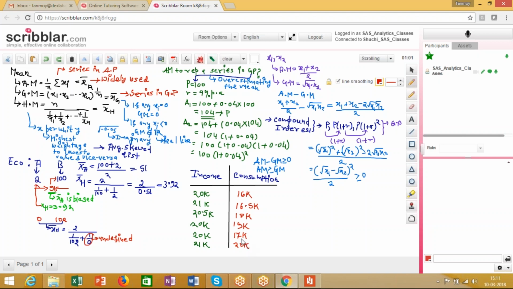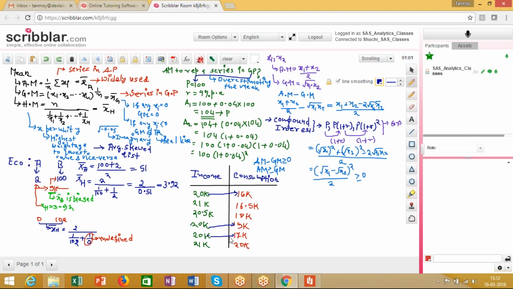Now observe that there are three readings where the people have exactly the same income: 20K, again 20K, again 20K. But for each of these incomes, the consumption patterns differ.